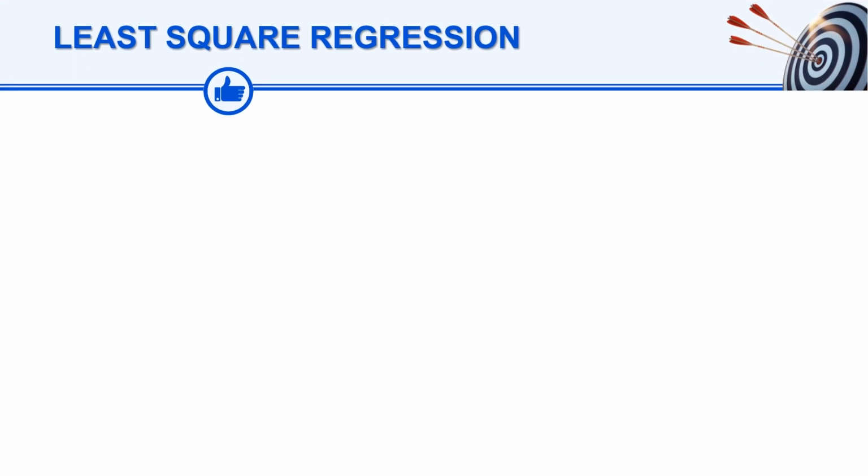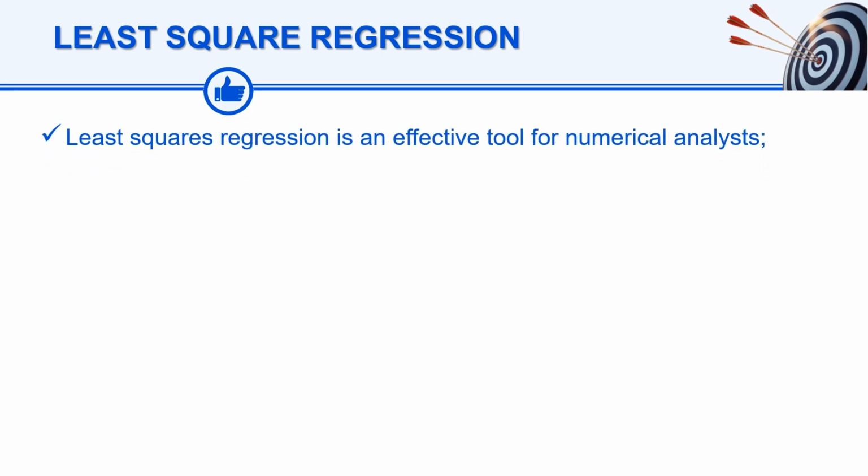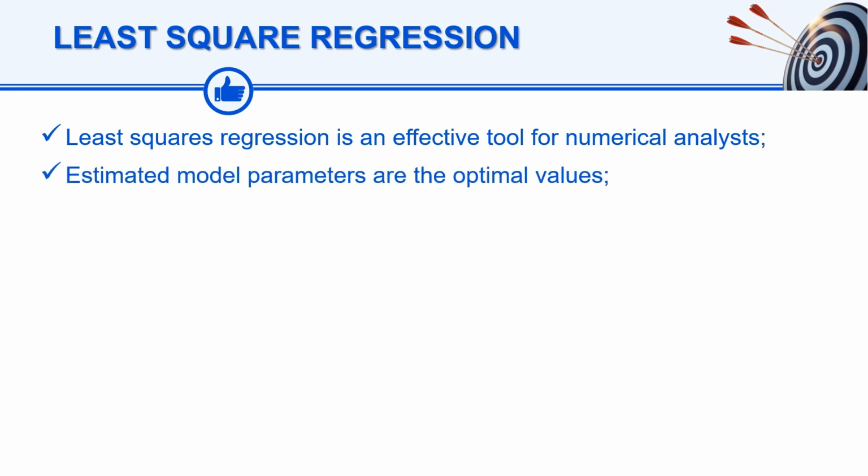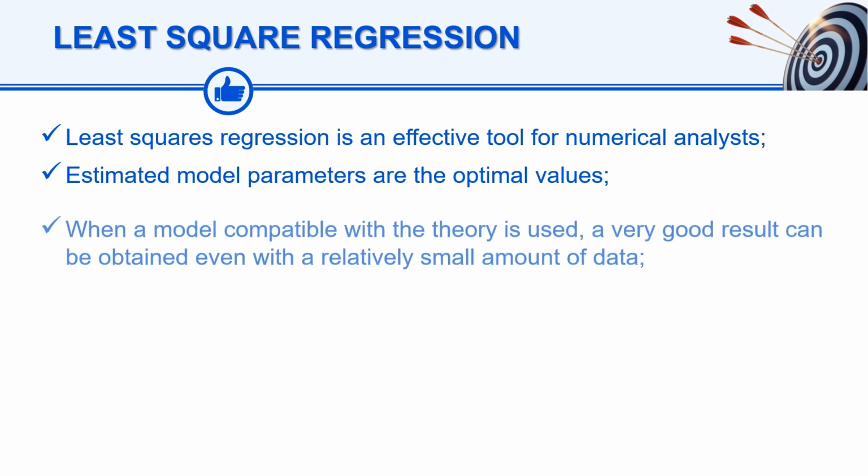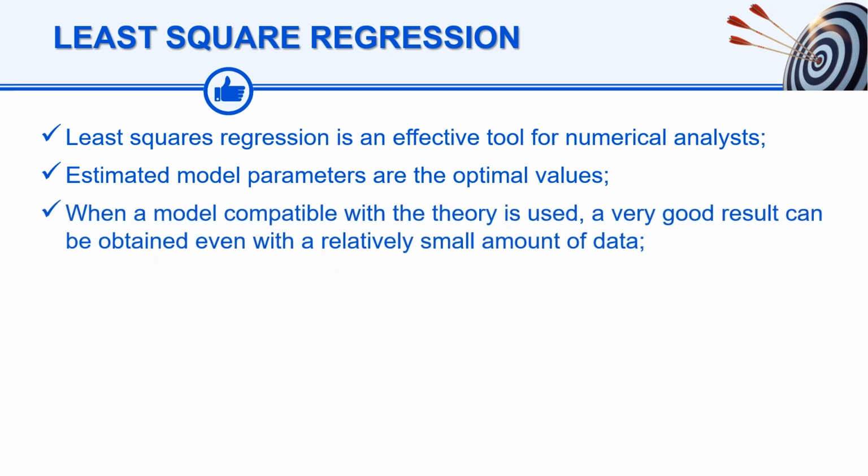The advantages of least squares regression are: least squares regression is an effective tool for numerical analysts. Estimated model parameters are the optimal values. When a model compatible with the theory is used, a very good result can be obtained even with a relatively small amount of data.